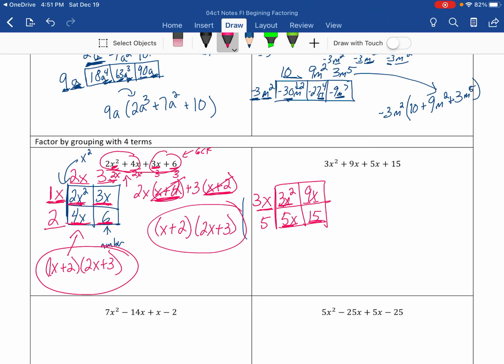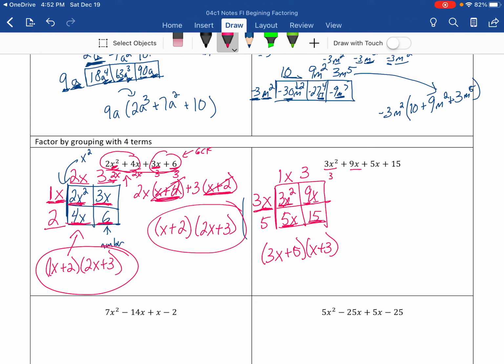They don't need to have any x's. 3 times 1 is 3. I can put a 1 there. I have 1x here. I know I need to have another x here to get x squared. 3 times 3 is 9. I don't need any x's here. And so my factored form is going to be 3x plus 5 times x plus 3.